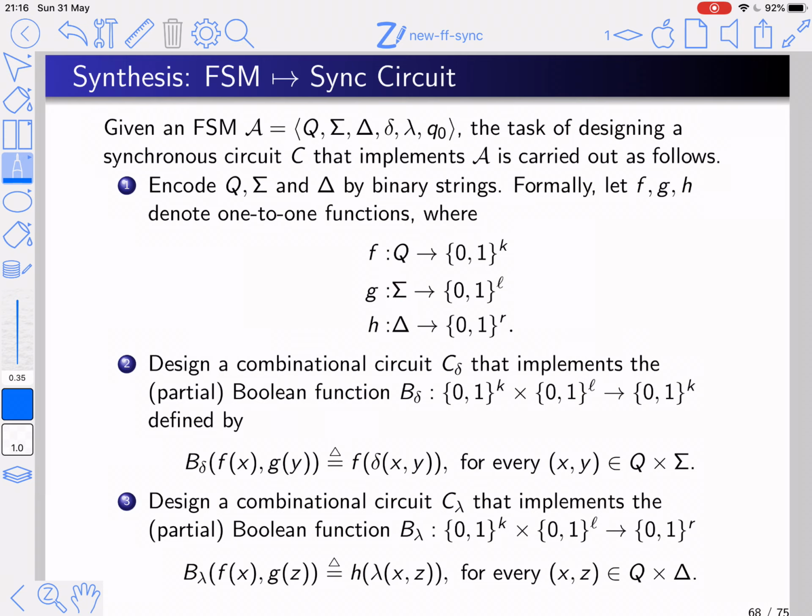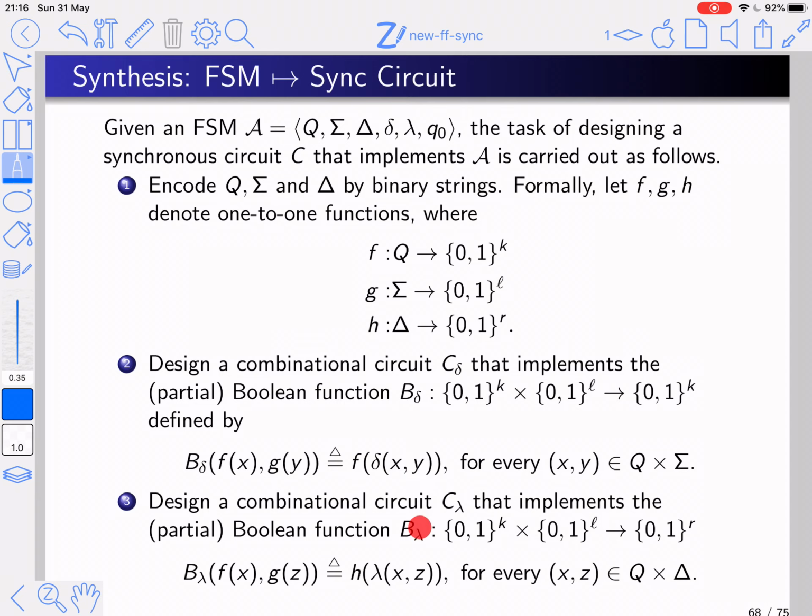Okay? Now we want this function to satisfy the following. If I give you an encoding of a state and an encoding of an input symbol, then my transition is to a new state, which is encoded by f of the new state I need to move to, the state delta, when I'm in state x and my input is y.